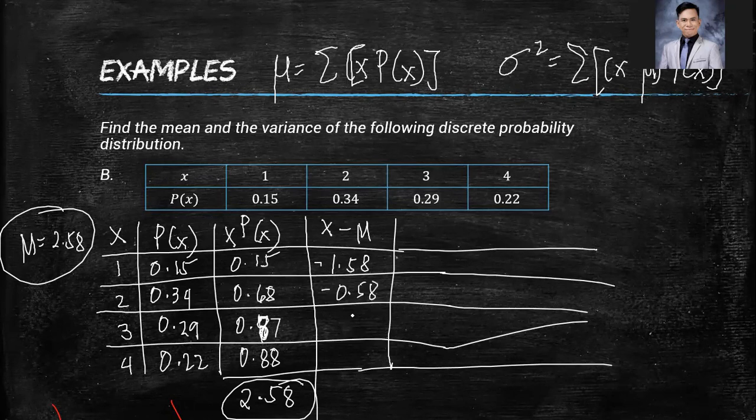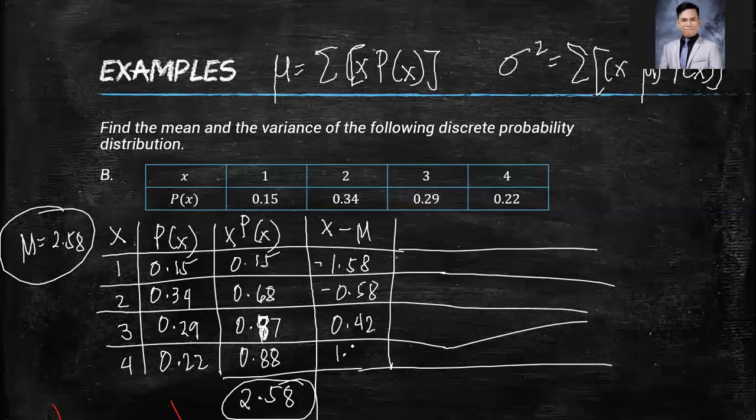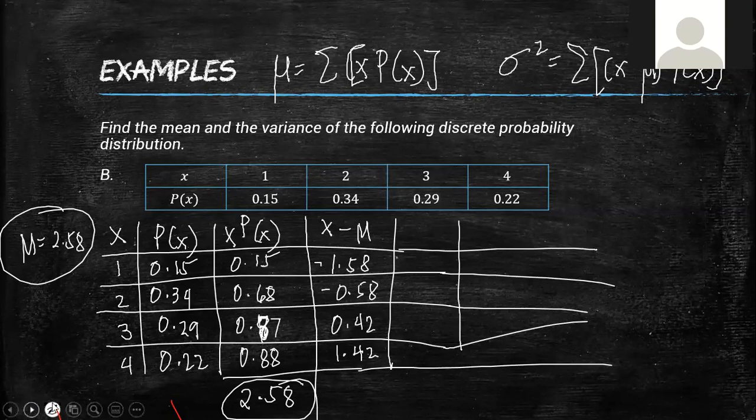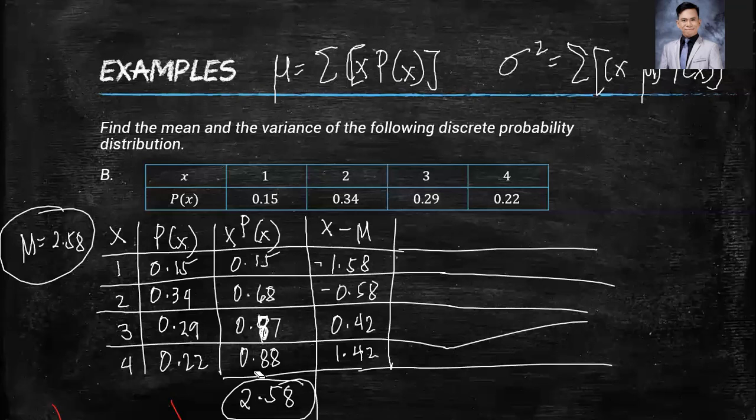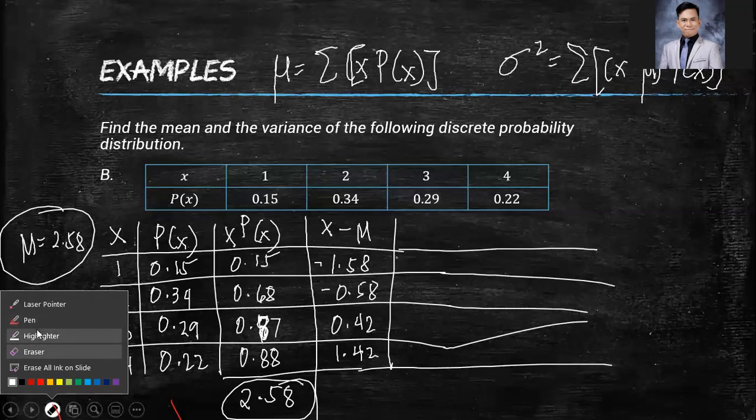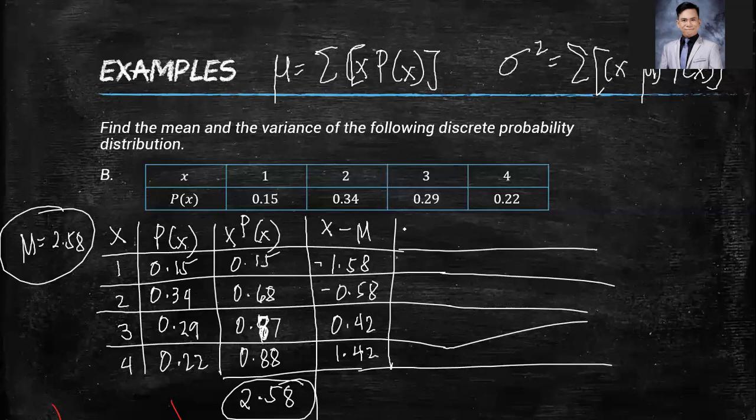Next is, positive na siya, positive 0.42, and 1.42. Okay, paki-square. Okay, square natin siya isa-isa. So we have (x minus mu) squared. Okay, so paki-square.